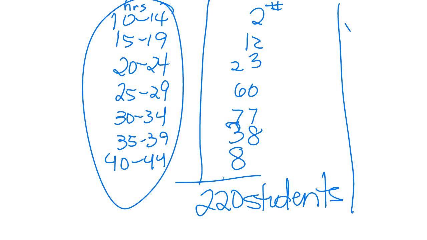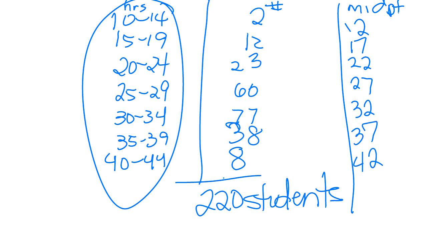So the midpoint of 10 to 14, what's the middle number? 12. Yeah, 12, and then 17, 22, 27, 32. If I make a mistake, or if you don't understand something, just stop me. You take the midpoint of all the groups.